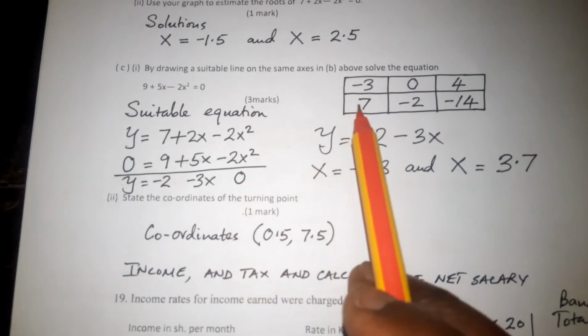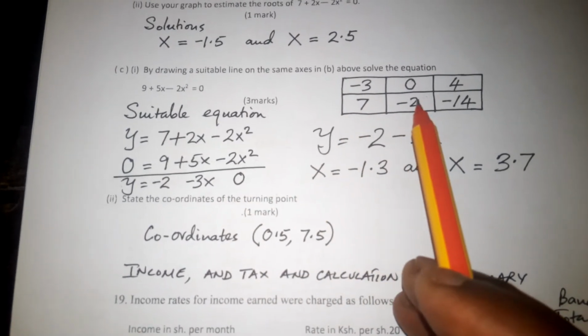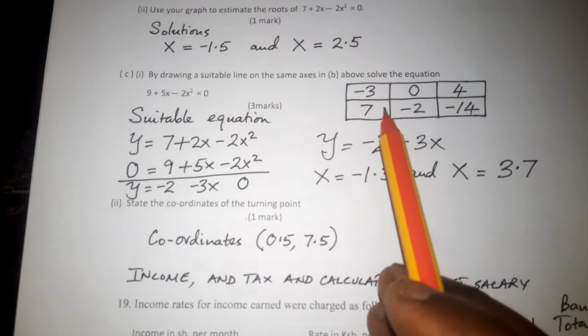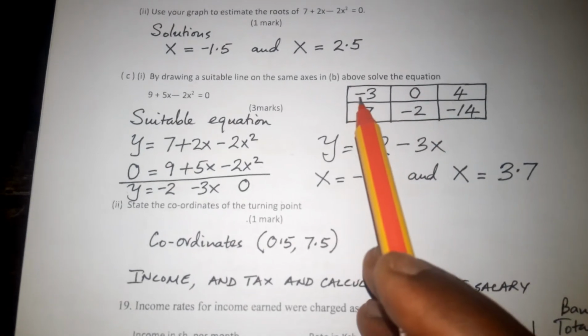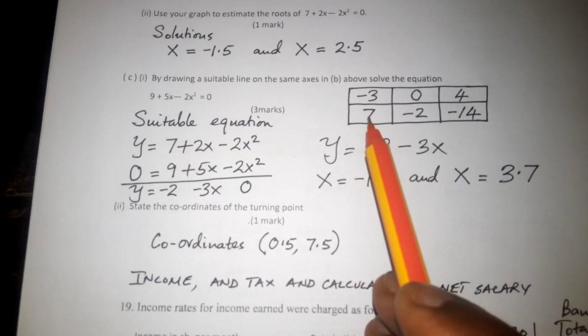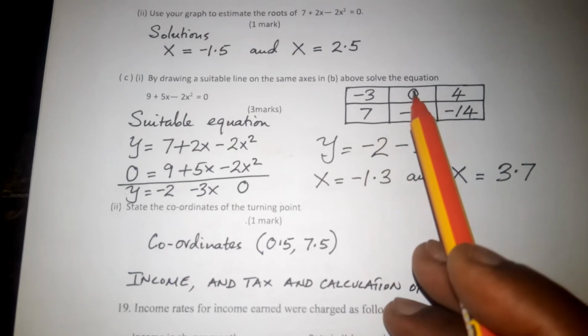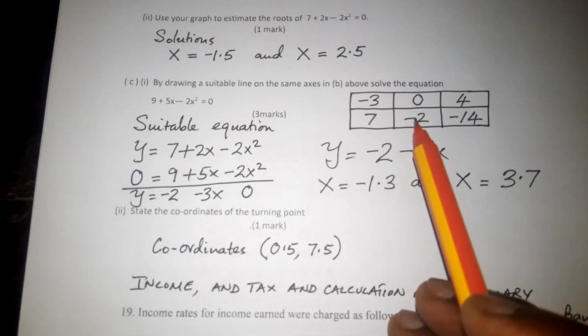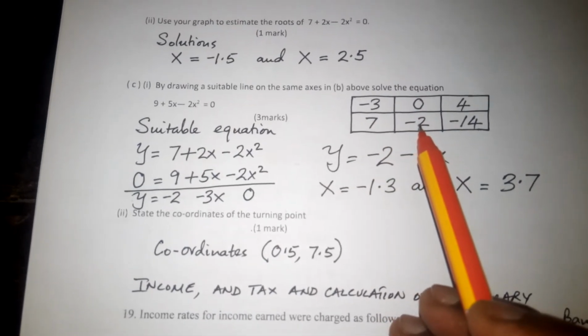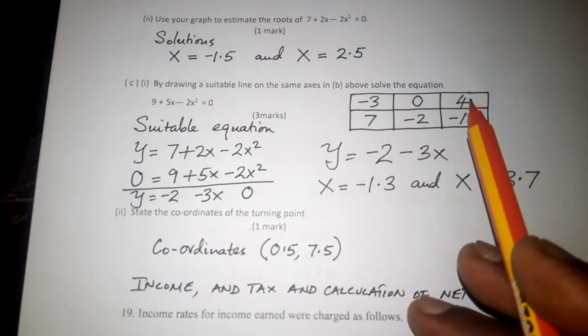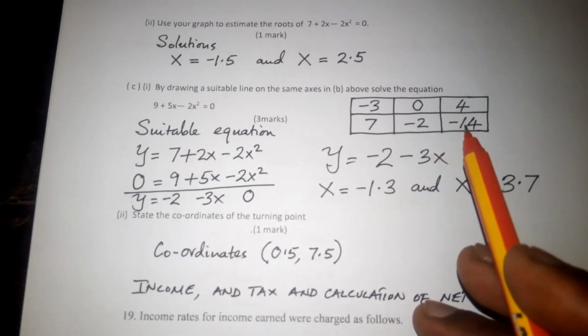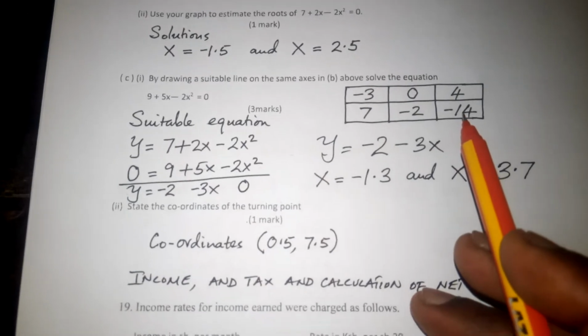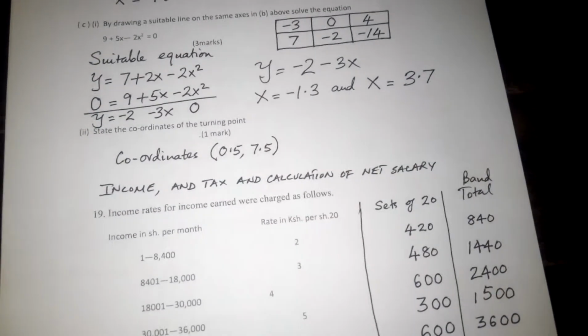We only need 3 points on the extreme to get our straight line. So one of the coordinates is -3, which gives us 7, the other one is 0, which gives us y as -2, and the other one is 4, which has a value of -14 as y.